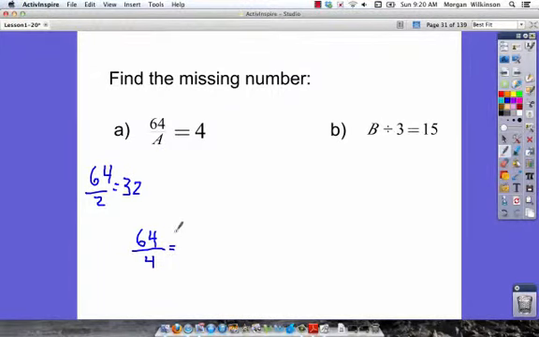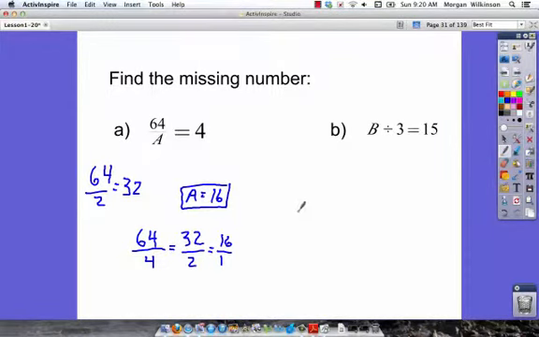So we're going to divide to find our answer. We've got it set up as a fraction, so let's just reduce it. We get 32 over 2, and we cut them both in half, then we get 16 over 1, which is just 16. So a is equal to 16. And we're correct because 64 divided by 16 is equal to 4.